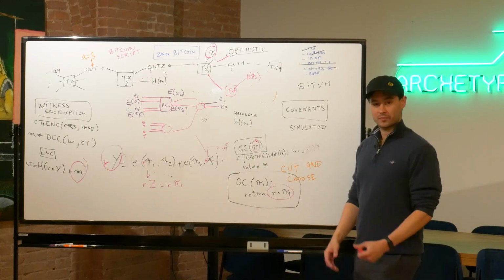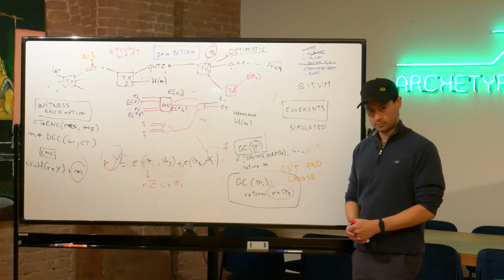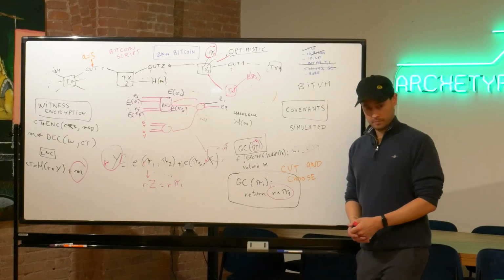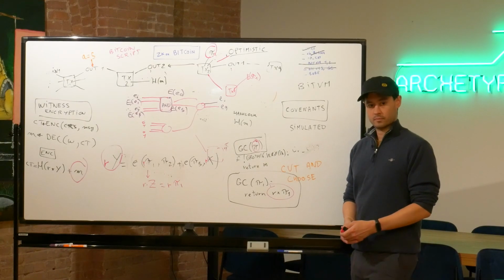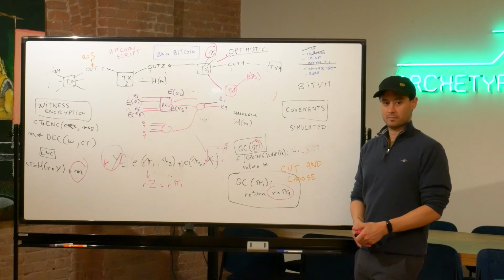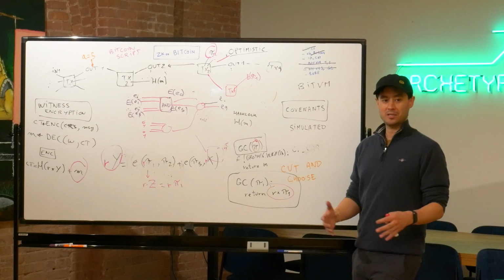How do you do that? Wait, R is private, and as an evaluator, you don't know R? Yeah. But when you execute the garbled circuit, you can compute R times. Yeah. That's the magic of MPC, right?